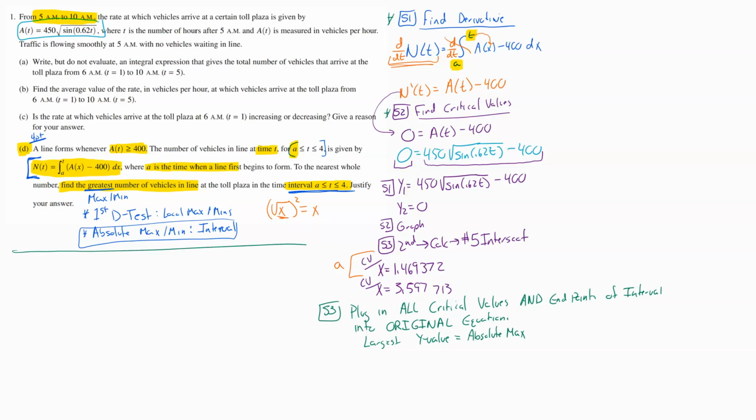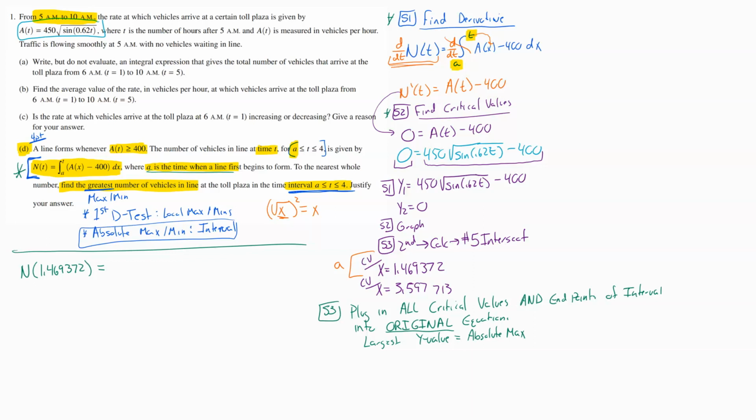So, giving myself a little more room over here, putting out the equations we'd be using. We'll start by plugging our critical values into the original equation. So we would want to know n of 1.469372. And when you go to do this, remember that the lower one here is where the line begins, because it's the first time that we have a critical value.